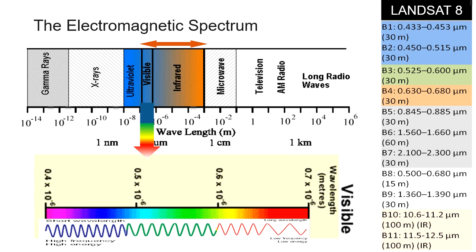And if you relate it with Landsat 8, it is band number 4, which ranges from 0.630 to 0.680 micrometer. So this is all about the visible part.